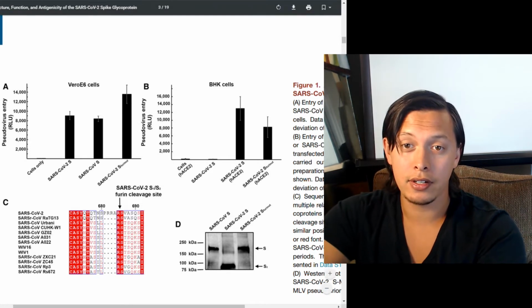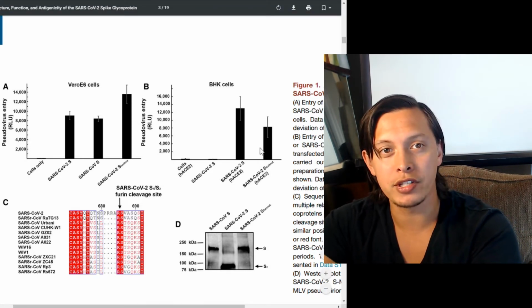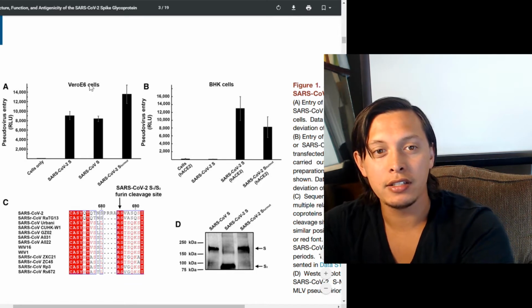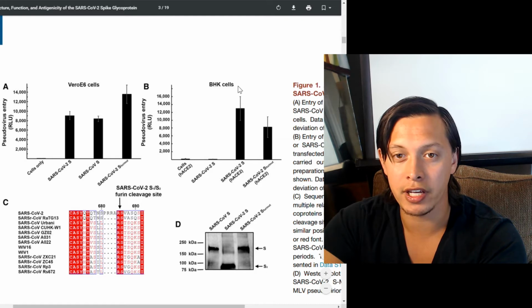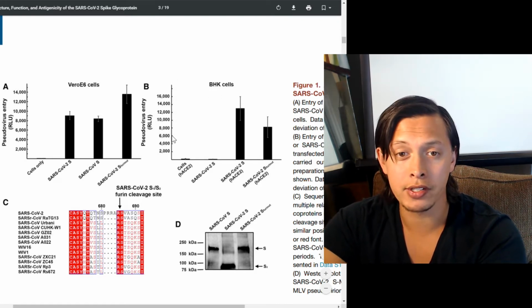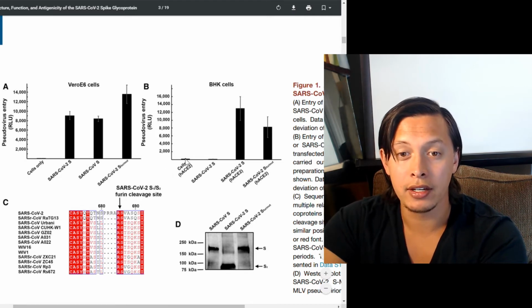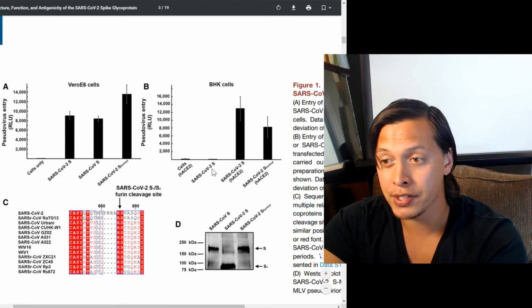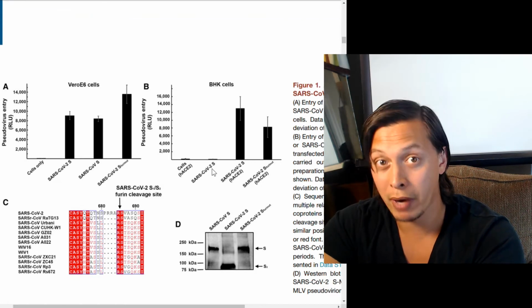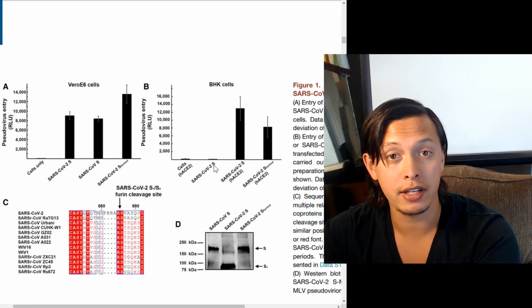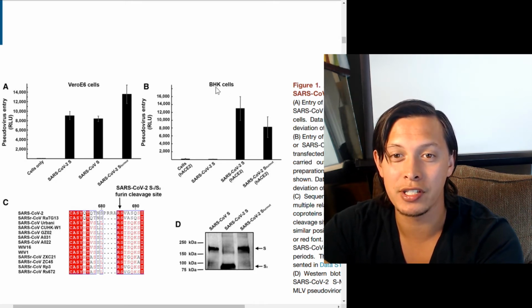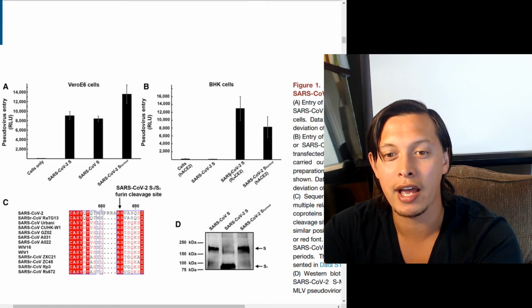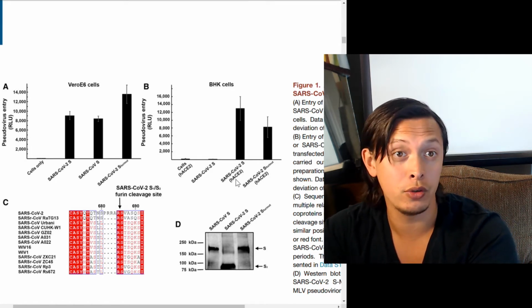And to verify whether or not it was using the ACE2 receptor, we didn't use the monkey cells. We used these baby hamster kidney cells, and they might have been genetically engineered to not express ACE2 at all. Regardless, the cells alone, nothing. When we give them the virus with the SARS-CoV-2 spike protein, nothing gets in. So what we do is we genetically engineer these BHK cells to have the human ACE2 receptor on them.